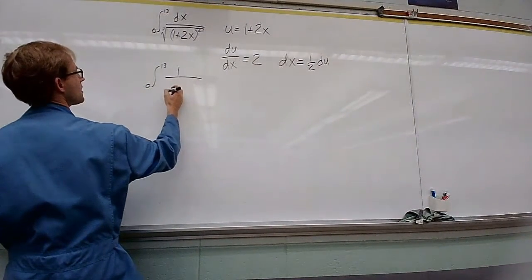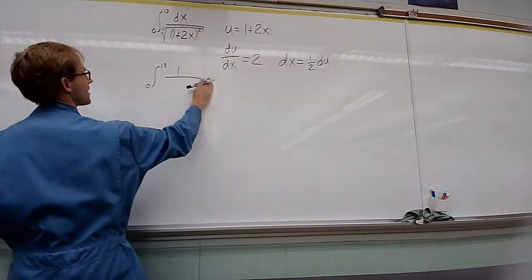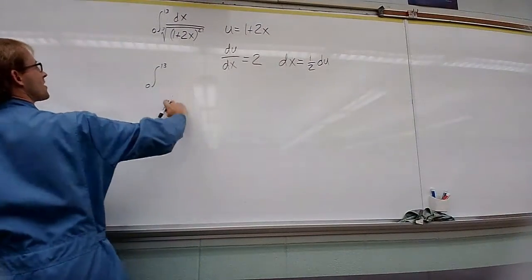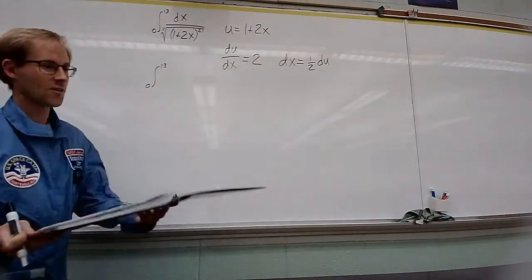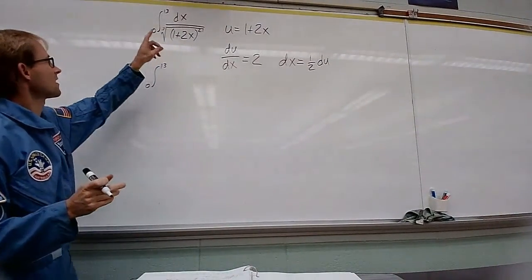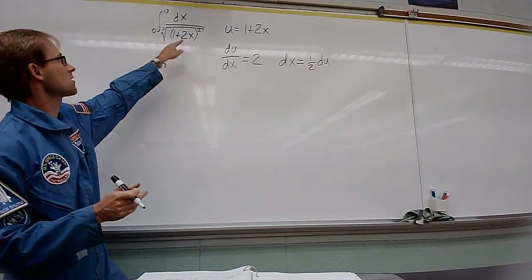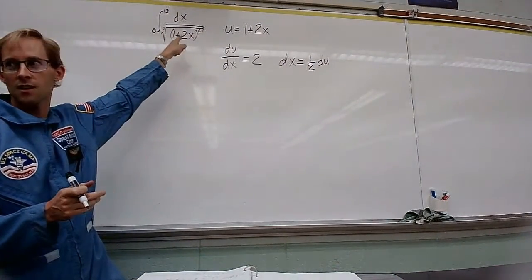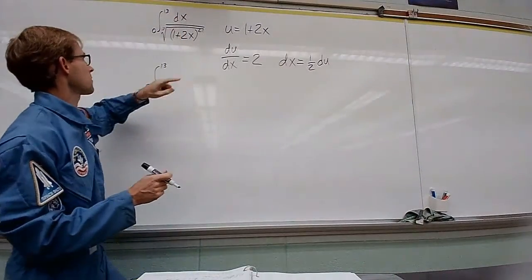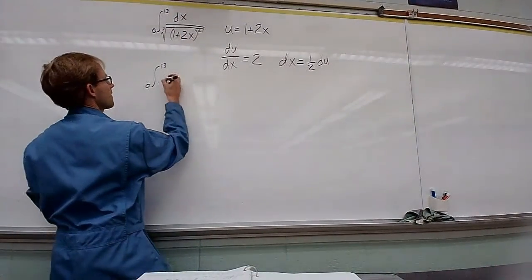Can we just make this into one thing right away here? Yes. Because this would be u to the negative 2/3, right? Yep. So putting it back up there, u to the negative 2/3.